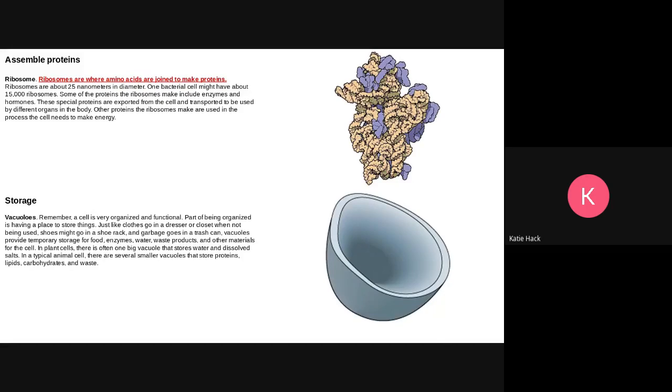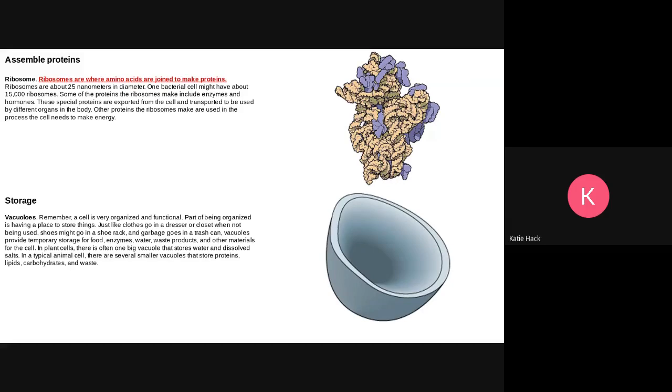Now, vacuoles, those are your storage. Remember, a cell is very organized and functional. Part of being organized is having a place to store things. Just like clothes go in a dresser when not being used, shoes might go in a shoe rack, and garbage goes in the trash can.